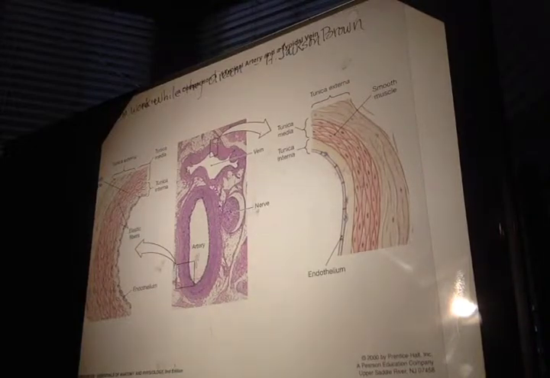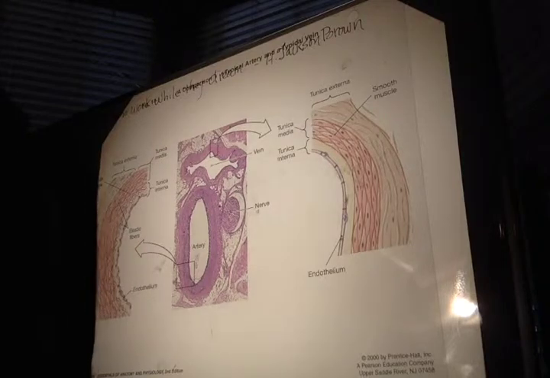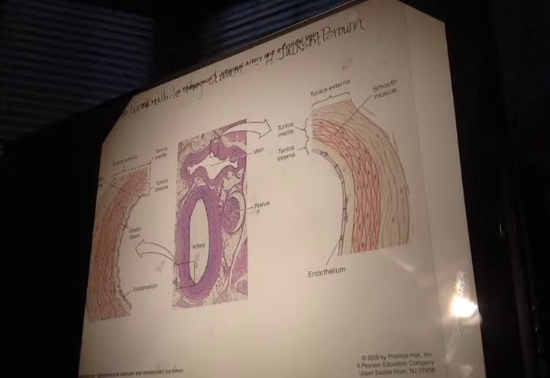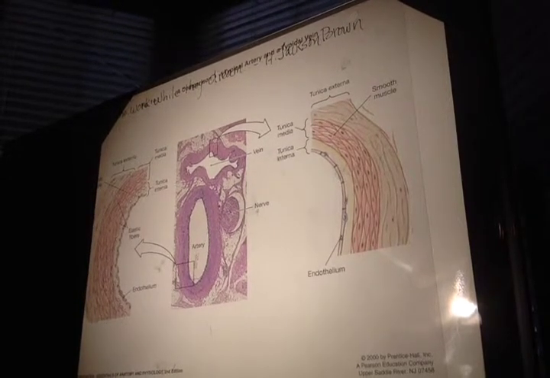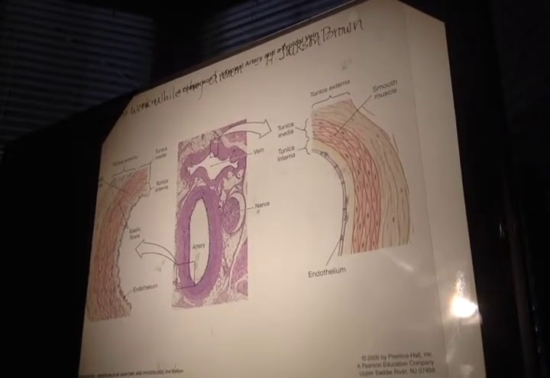Okay, now, if you look at the walls of the vessels, there are 3 distinct tissue areas in both vessels.